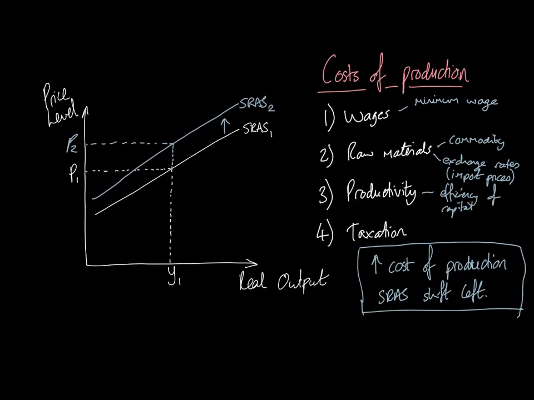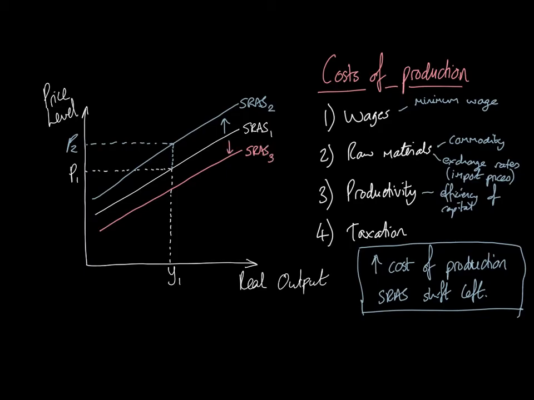And if the efficiency, we'll just think about it the other way around this time, if the productivity levels within the economy were to improve, then firms would be able to produce at lower costs of production per unit, and that would mean that we would see this working the other way around. There would be a reduction in the average cost of production, and as a result of that, we would see short-run aggregate supply moving to the right like that.